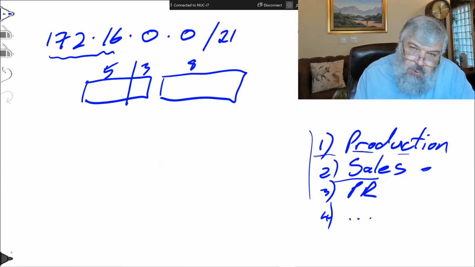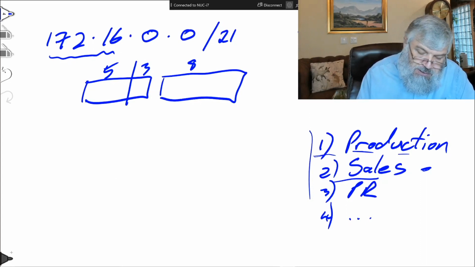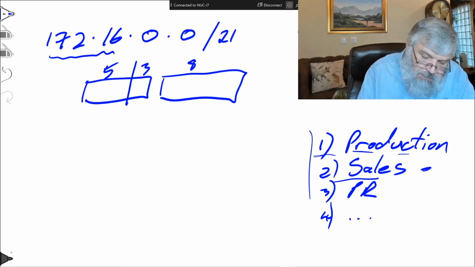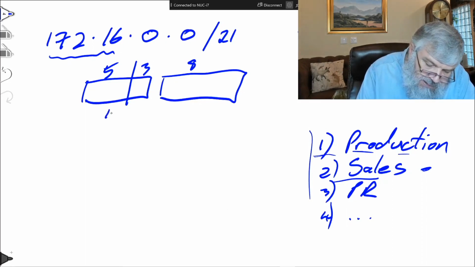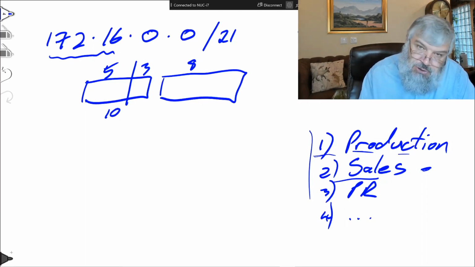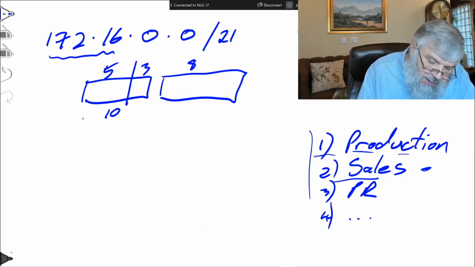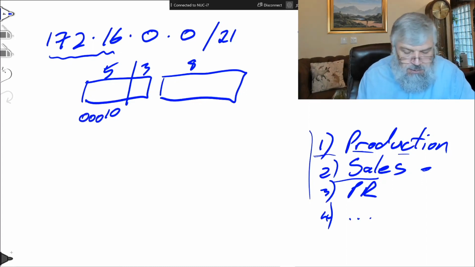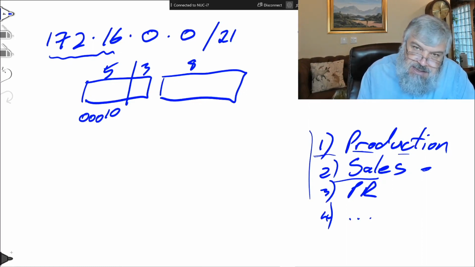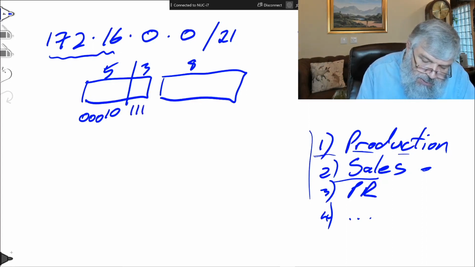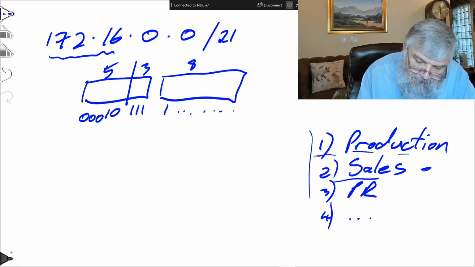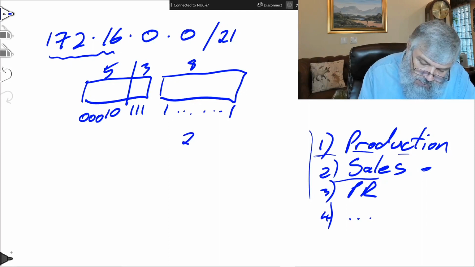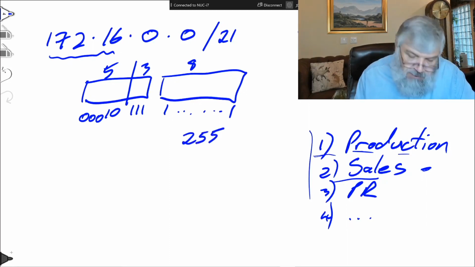Let's now look at the broadcast address of the sales department. It's the same subdivision of the lower 2 bytes that we had previously. Again, given that sales is department 2, we will write 2 in binary and then pad the 5 bits that we're using for the network portion with zeros. And in this case, we are calculating the broadcast address, so the host portion needs to be all 1s. To convert that to decimal is very easy, 255.